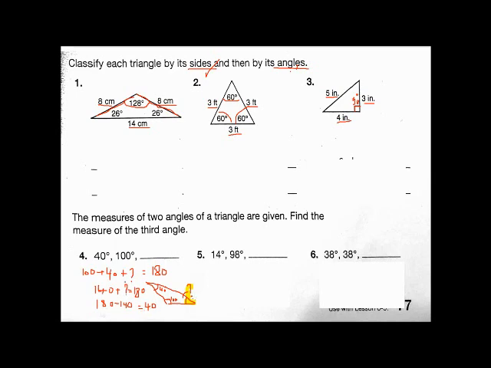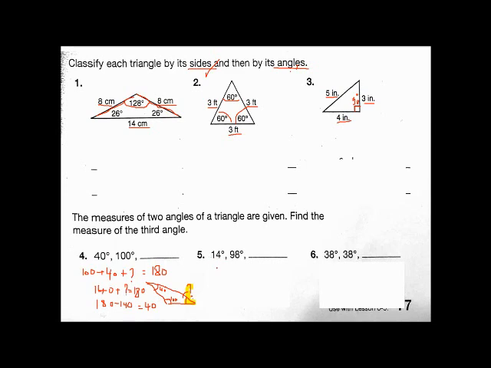How did I know? From adding both 100 plus 40 equals 140, and then because I know that all the measures must be 180, I subtract the 140, what I have, from 180. 180 minus 140 equals 40. Okay, did you get it? Now let's go for the second one.